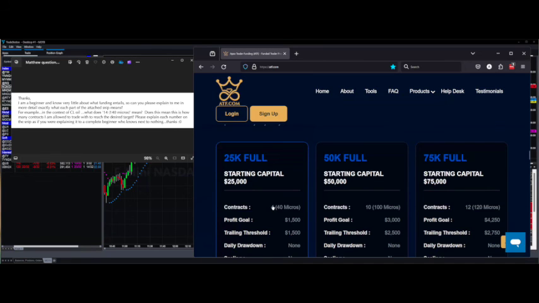And really, when you're starting, you shouldn't be trading 4 minis anyway, at least not according to my theory of teaching trading. So in this case, you'd have a profit goal of $1,500. Your trailing threshold is also $1,500. So again, you'd want to think of this account as a $1,500 account, not $25,000, because that's kind of just a joke. You don't actually have that much funding to play with.